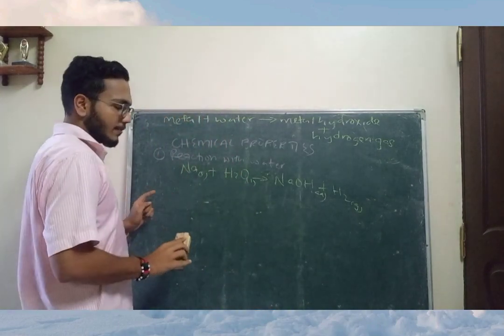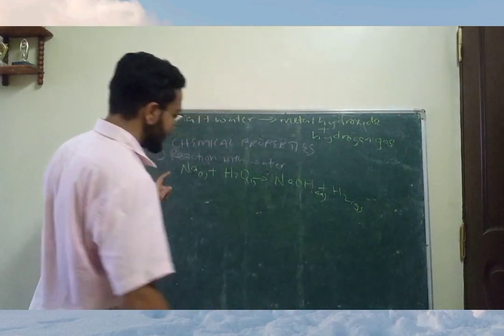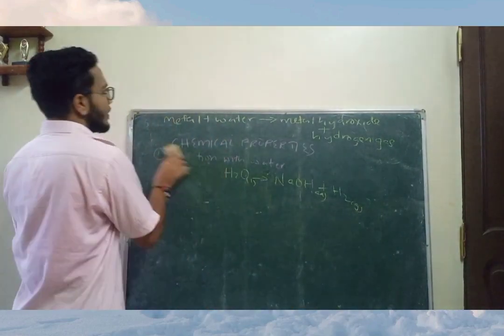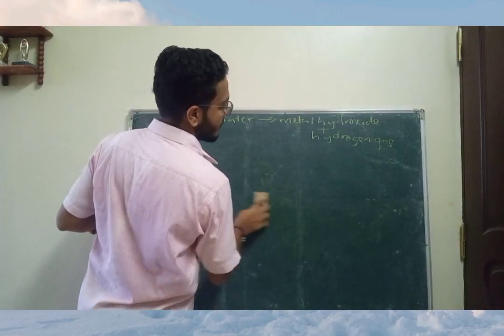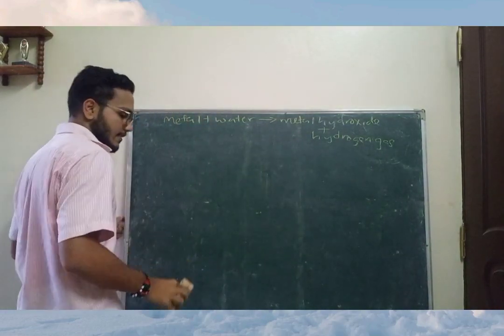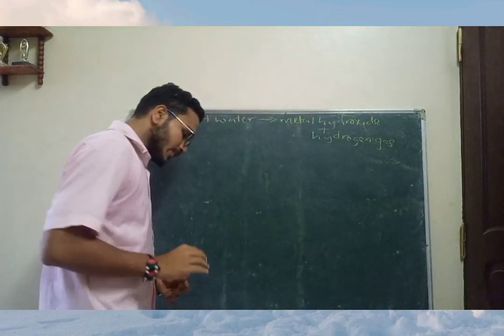Now that's our first chemical property, reaction with water, and this is the equation. However, we need to know how sodium reacts with water. This is because it is frequently tested in the exam. So I will read this for you.